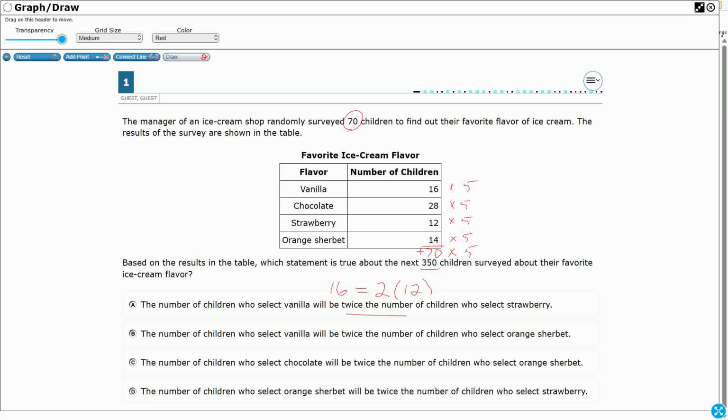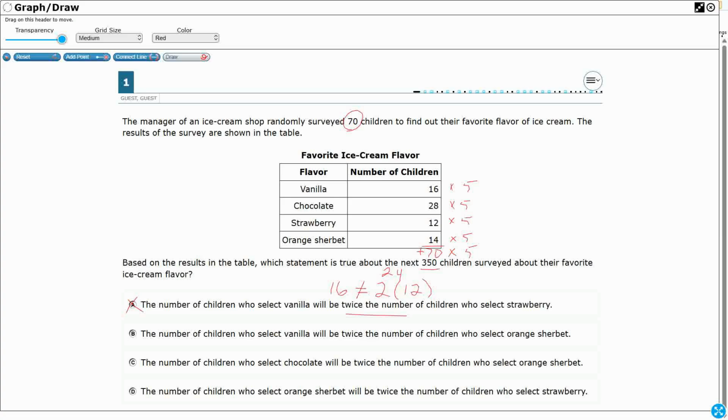If we can turn these statements into mathematical equations, it's a little bit easier. Does 16 equal 2 times 12? No, 2 times 12 makes 24. 16 does not equal 24, so it's not exactly twice. It's more than twice. So A is not working for us.